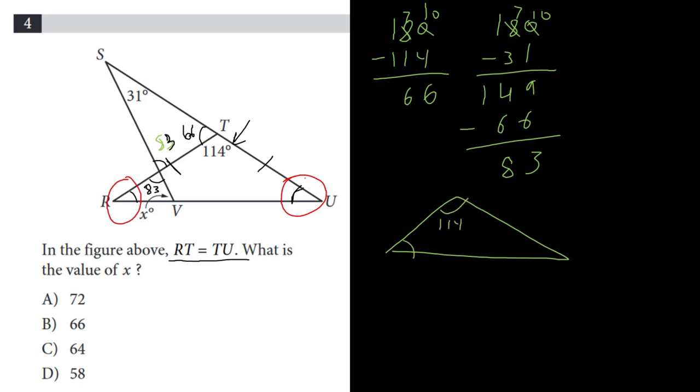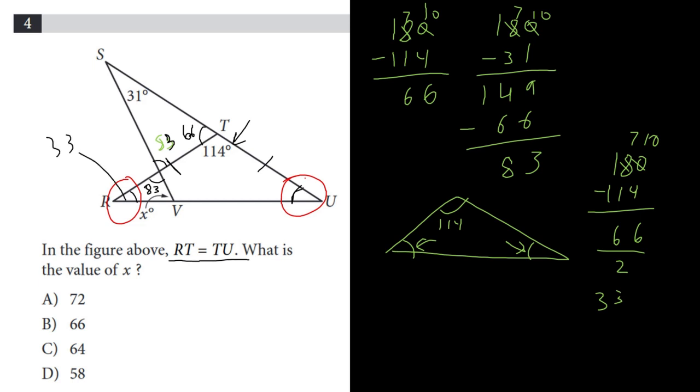To figure out these two, I'm going to have to do 180 minus 114. That's 66. Since I know that these two are the same, I'm going to have to divide by 2. And that means that it's 33. And so I can mark this right here as 33.